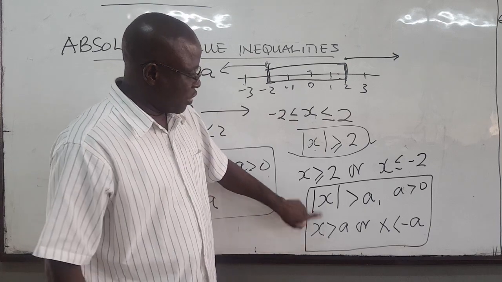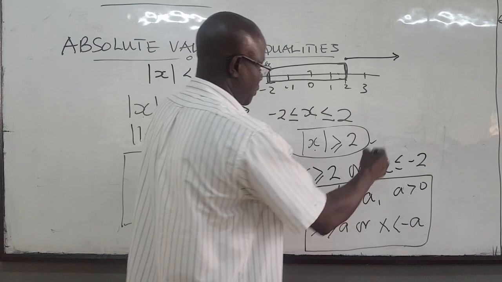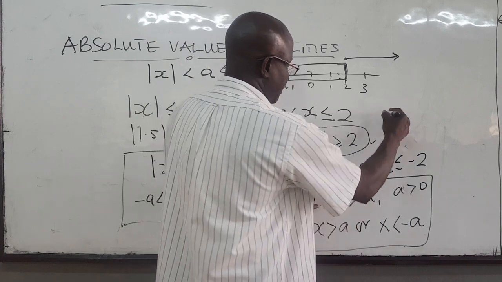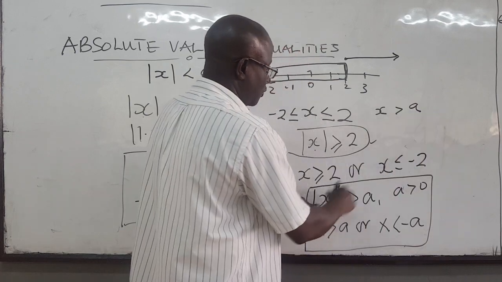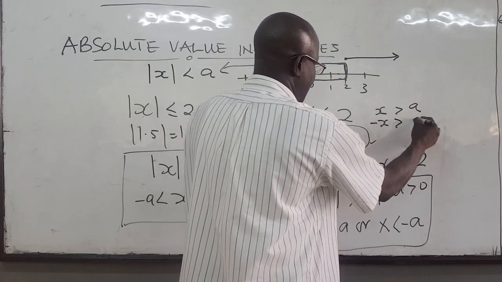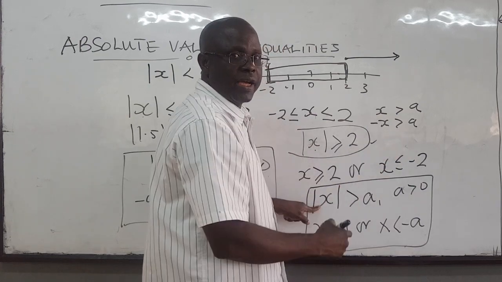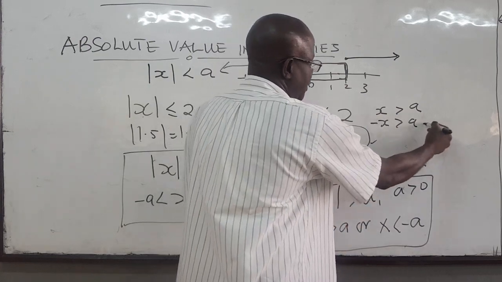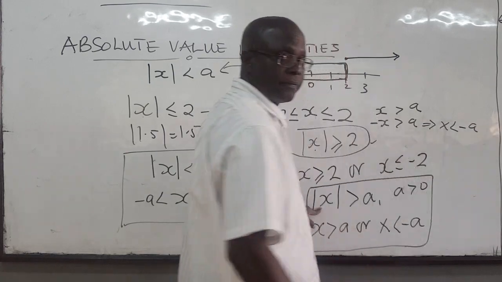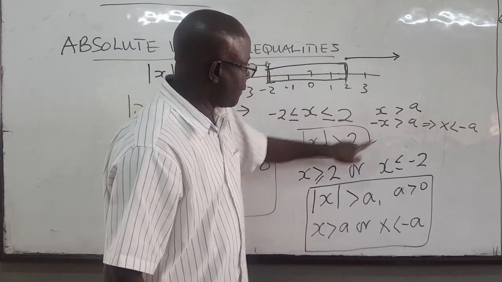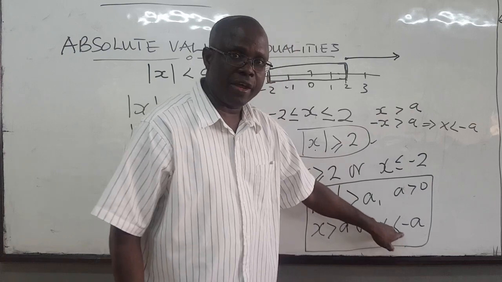Now, you can easily derive this as well, right? The absolute value of x is greater than a means that x is greater than a. This also means negative x is greater than a. Well, if I multiply through by negative or divide through by negative, I have to switch the sign. So this can also be written as x is less than negative a. You see that? So that is why we have x greater than a and x less than negative a.